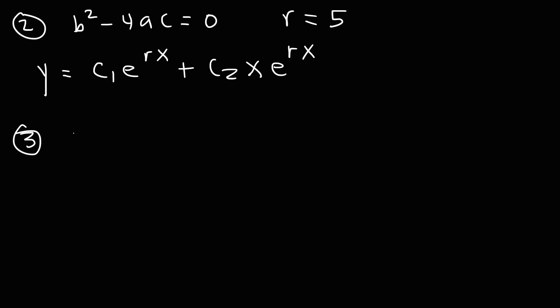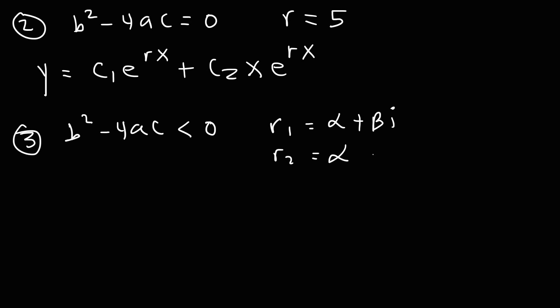So we don't have the subscripts r1 or r2 for this case. In the third case, the discriminant b squared minus 4ac will be less than 0, or negative. In this case, you're going to get imaginary numbers or complex numbers. So you'll have to use the quadratic formula. So r1 and r2 will be in this format. You'll have r1 is equal to alpha plus beta times i, and r2 is equal to alpha minus beta times i.